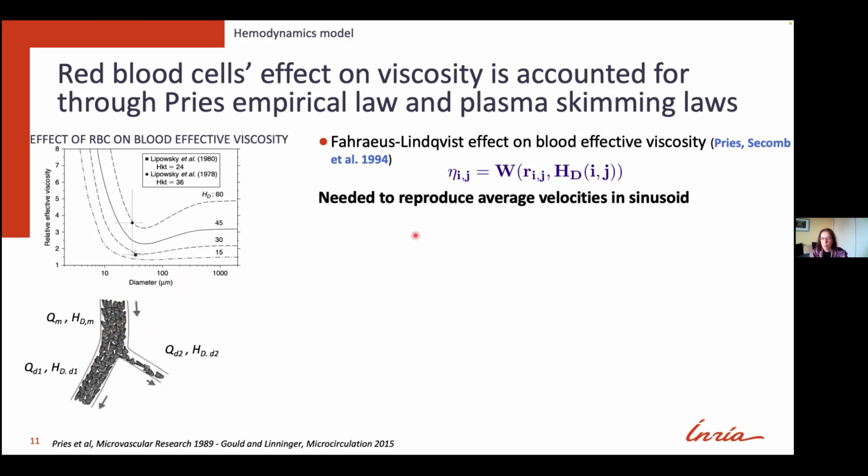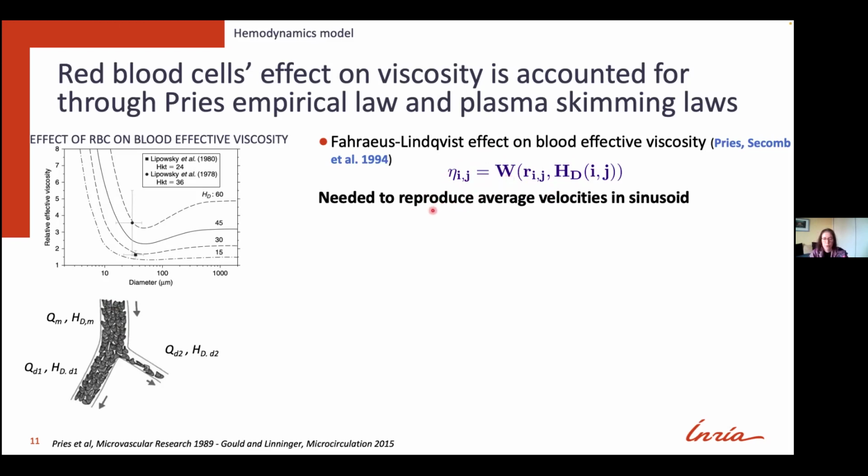And in fact, the change of blood viscosity due to the hematocrit has been described as the Fahraeus-Lindqvist effect quite some time ago. So we can relate the viscosity to the hematocrit and the radius via a certain known and quite complex function.